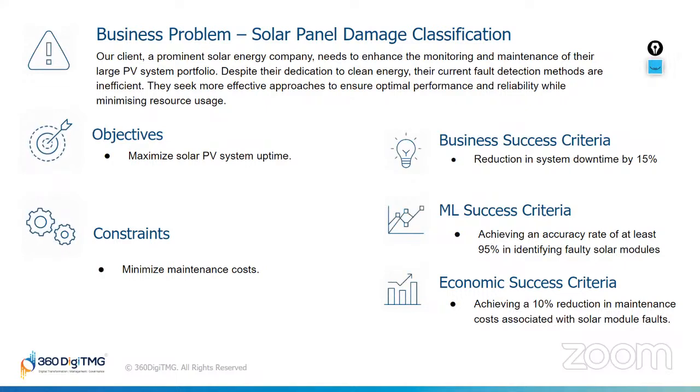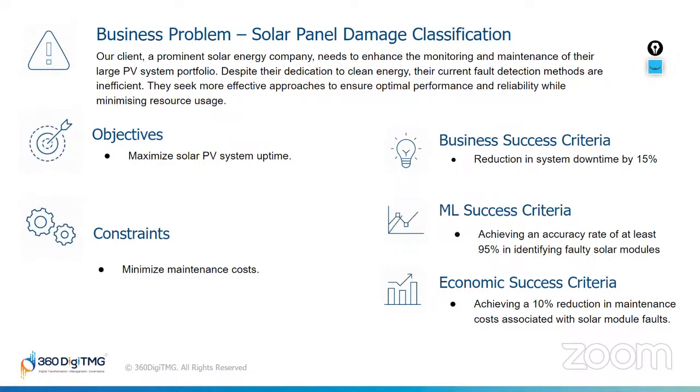Yeah, Bhupendra, let me start off with the business problem. So basically, our client, a prominent solar energy company committed to clean energy, faces challenges in maintaining the efficiency of its large photovoltaic PV system portfolio. Current fault detection methods are inadequate, leading to suboptimal performance and increased downtime.